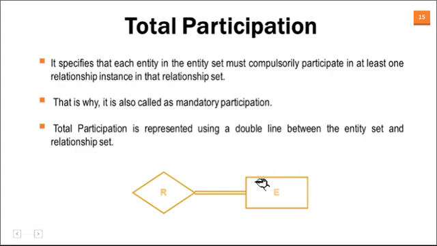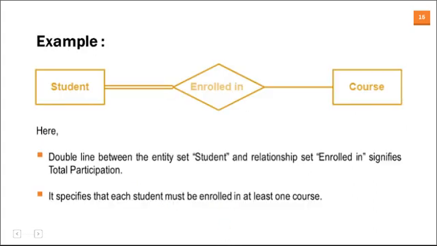Total participation is represented by a double line between the entity set and the relationship set. Here is my entity and here is my relationship, and it is shown by a double line. The double line between the entity set student and the relationship set enroll signifies total participation. It means if a person is enrolling in any course, then I can say it is a student entity.